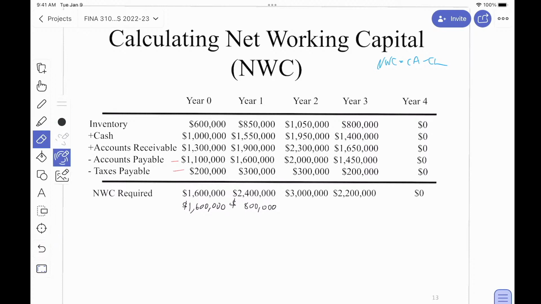And what I've calculated is the change. So the increment, right? Change in net working capital required. And then from 2.4 million to 3 million, I need an additional 600,000.